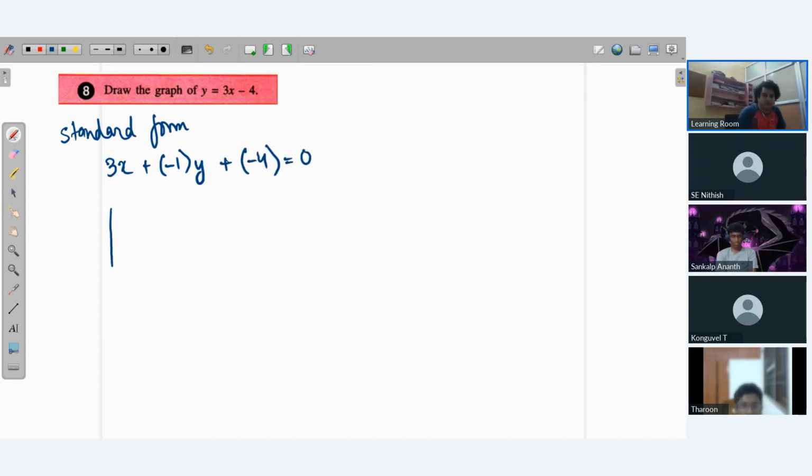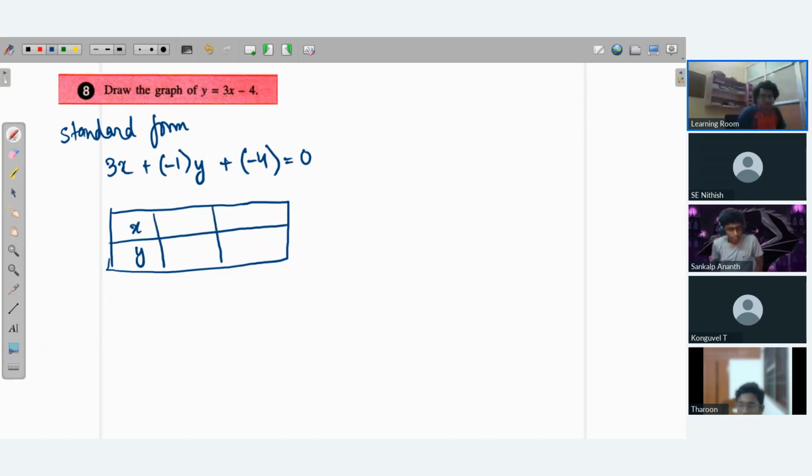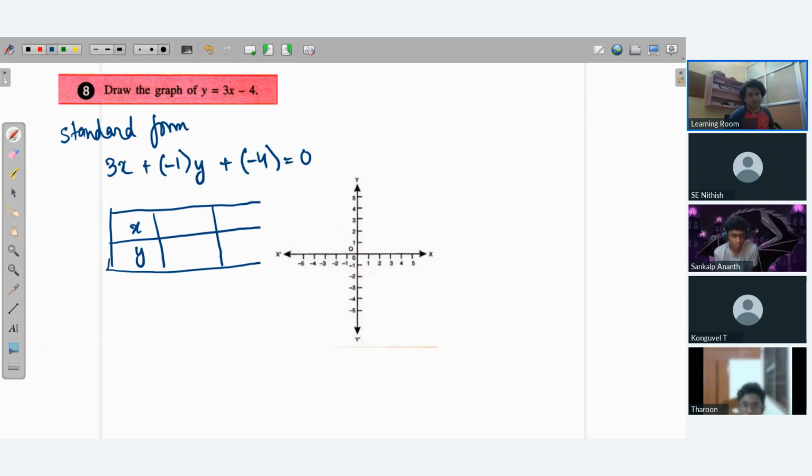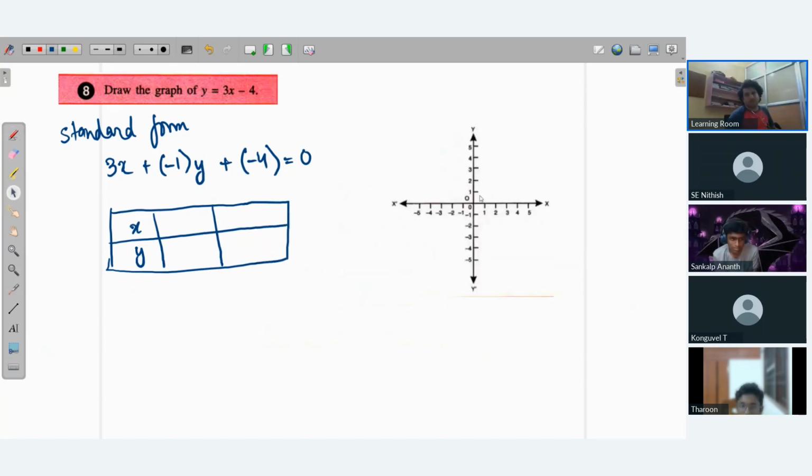So make a box, take some values and find what line it is going to be. So try it.